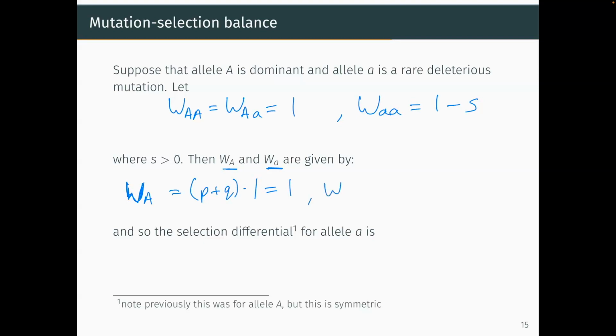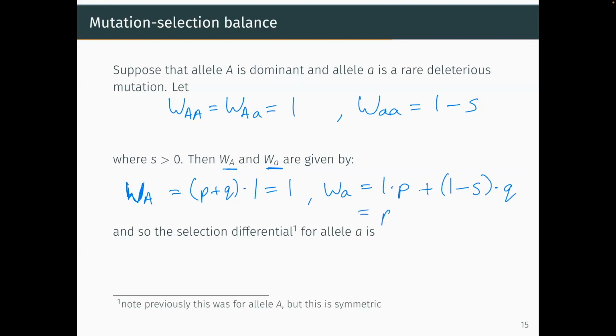And for our little a allele, we have 1 times P plus 1 minus s times Q. This ultimately comes from the frequency of the heterozygote and the frequency of the homozygote when things cancel down.